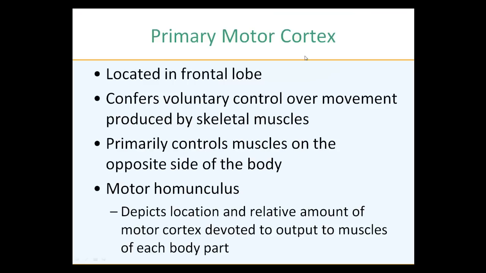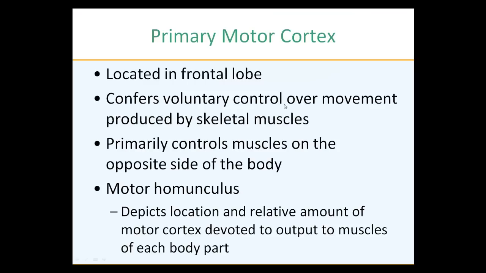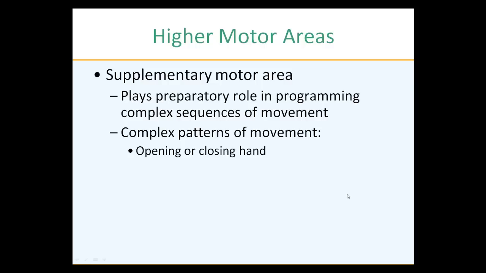So the primary motor cortex, which I showed you here, that would be present in the frontal lobe, and again, it depends on how important your organ or your area of the body is, and you will see that represented. It's not by the size of the hand, but how complicated the motions of the hand are, and how much brain tissue you need in order to control those complex moves.